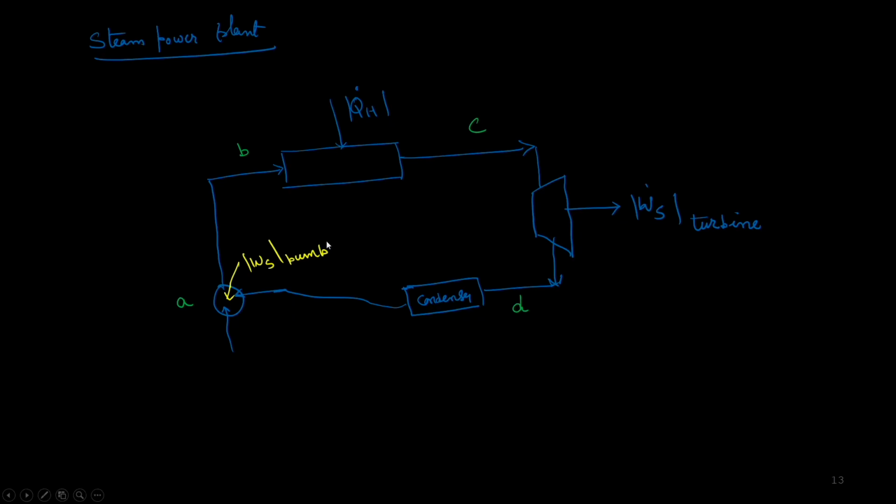WS pump here, QH dot here, WS turbine here, in the opposite direction, the system is producing the work, and then QC here, we are rejecting some heat so that we can condense the liquid, and then we push it back to the original state.